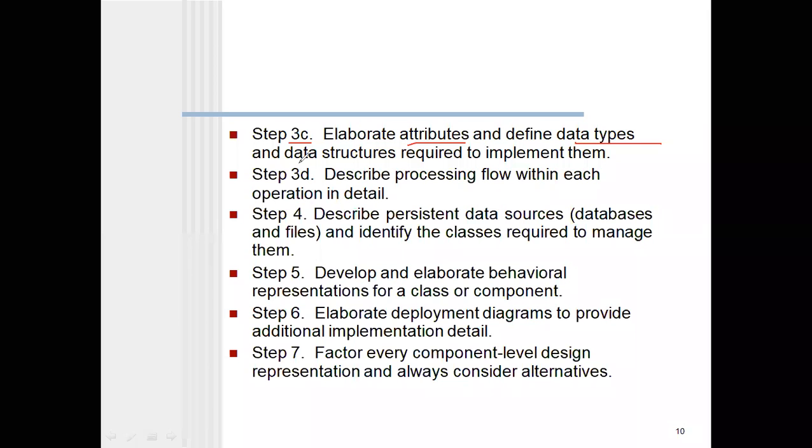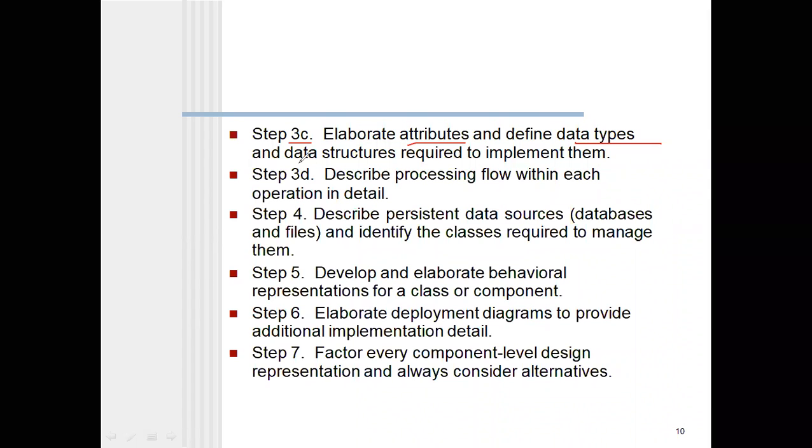You need to use those, you need to represent those things at this point. Which syntax is followed by UML? You need to follow it to represent the attributes under the data type.